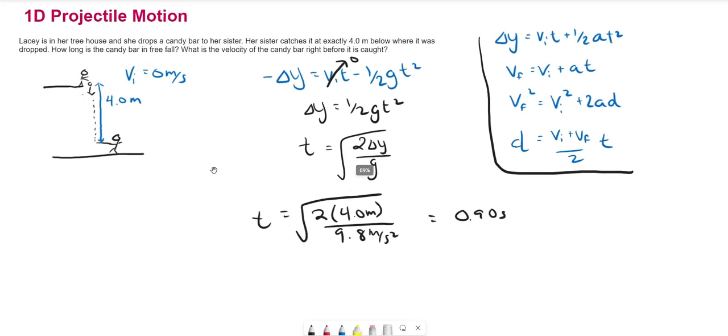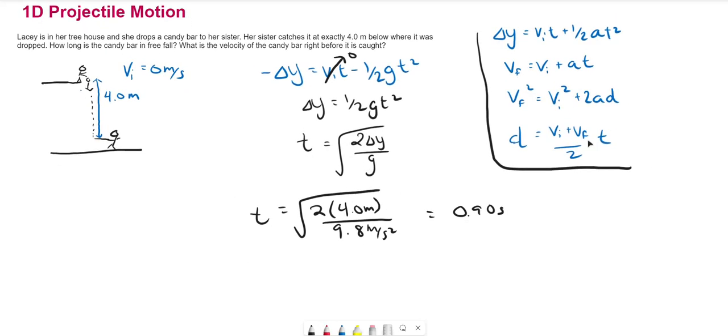What we can do now is just use one of these other equations to find v final. Now the easiest thing we can do is just use v final equals v initial plus at, right? So v final, which is what we are looking for, equals v initial. We already know v initial is 0, right? So 0 plus at, but we're using g, so that's negative gt.